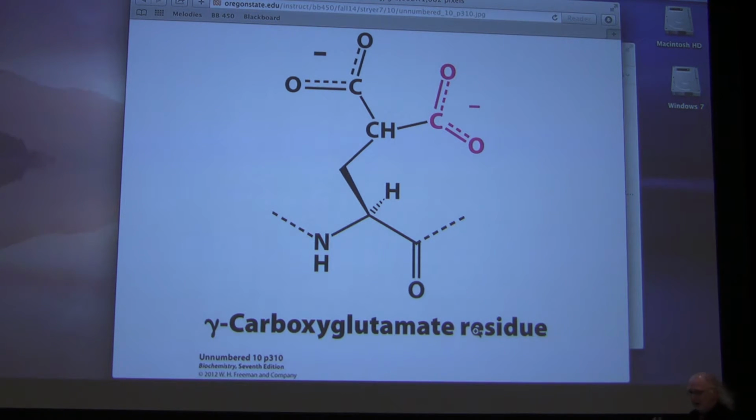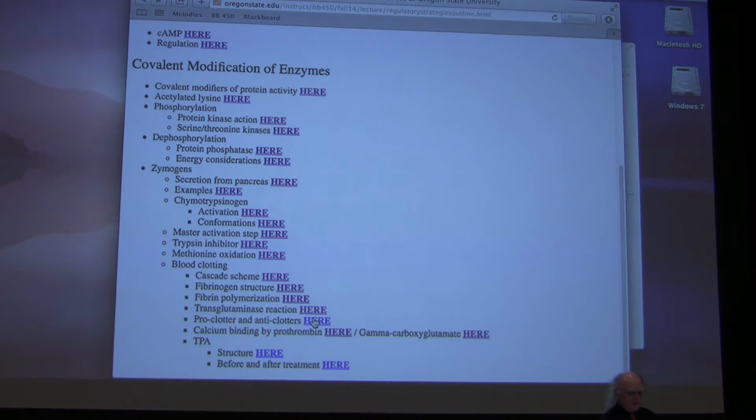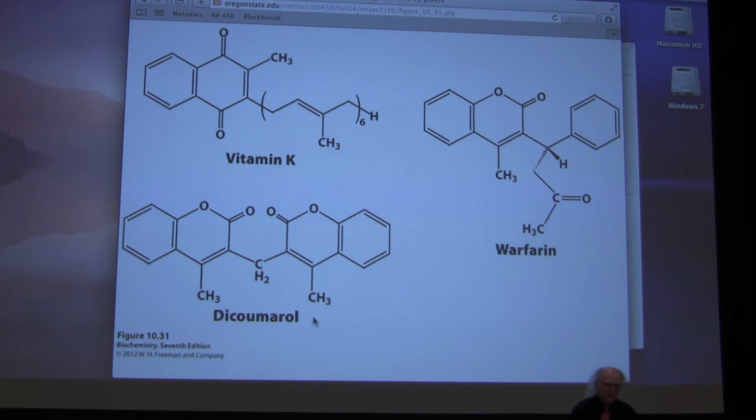Okay? Now, this turns out to be a factor when we talk about things called blood thinners. First of all, vitamin K is a clotting agent. Okay? It will favor clotting. There are competitive inhibitors that mimic vitamin K. Vitamin K is used by the enzyme that makes that carboxylation.